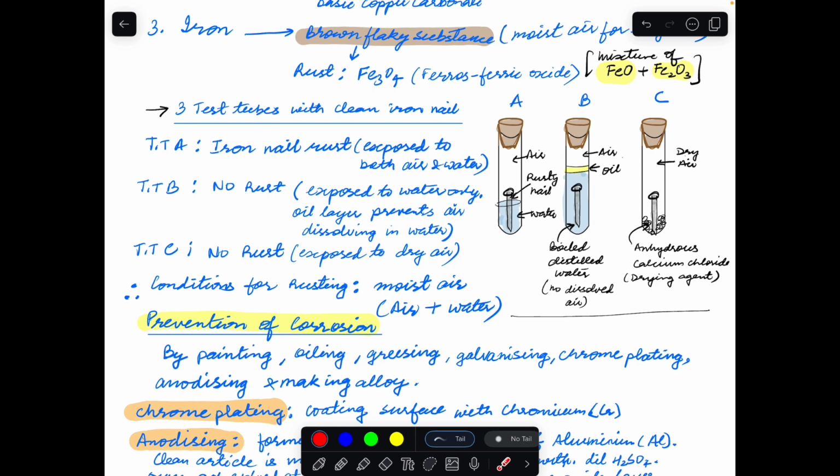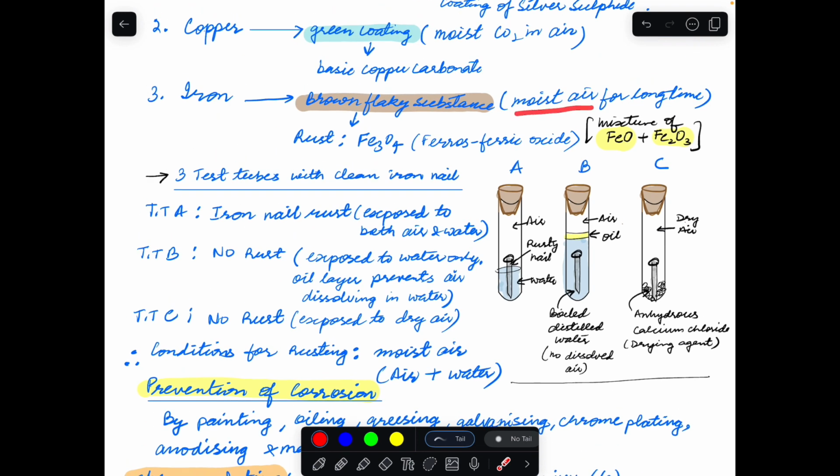So the test tube has some air, which was originally in the test tube, and we have put some water also. What we observe is that after some time, there is flaky rust formation in test tube A. Why? Because both air and water are present here. That is the ideal condition for the rusting process. That is, we need moist air, that is, moisture means water and air.